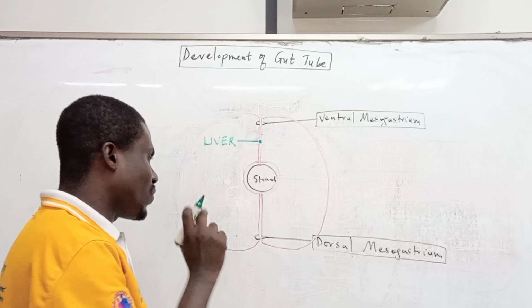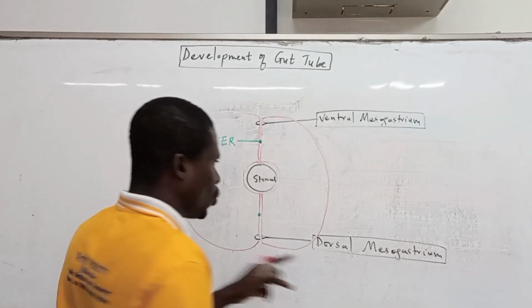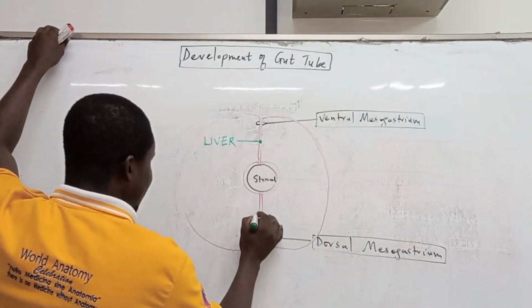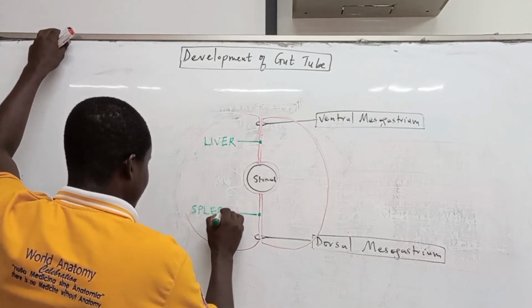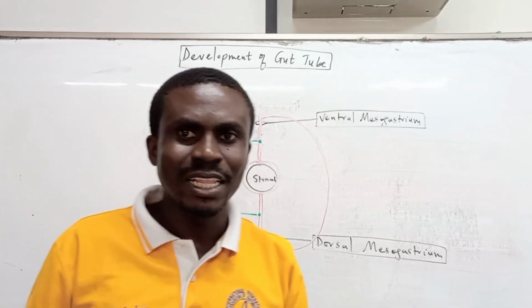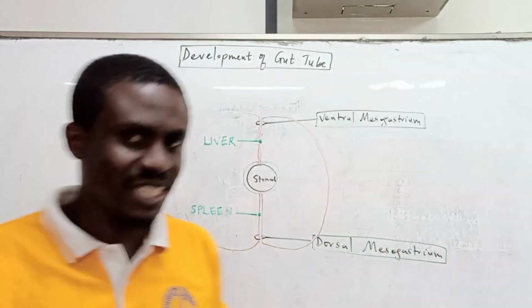And this time around, developing in the left layer of the dorsal mesogastrum is the spleen. Now once you've appreciated this, what I want to convey to you becomes easy.